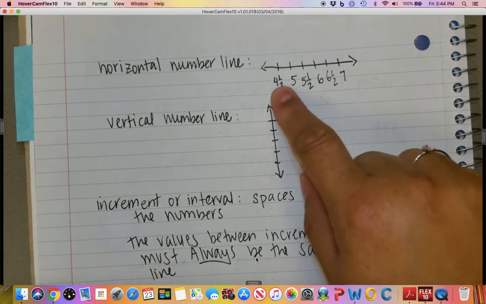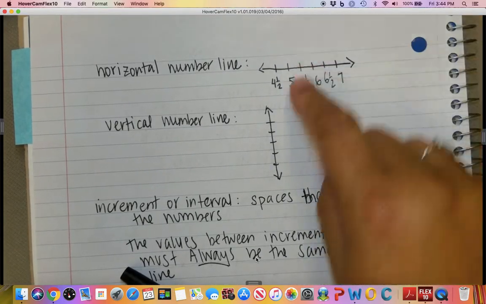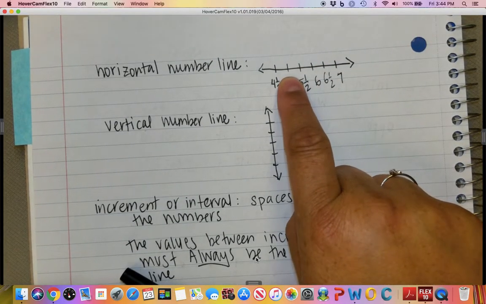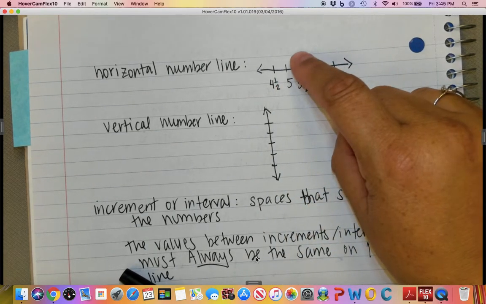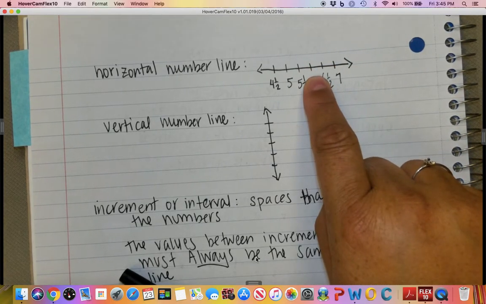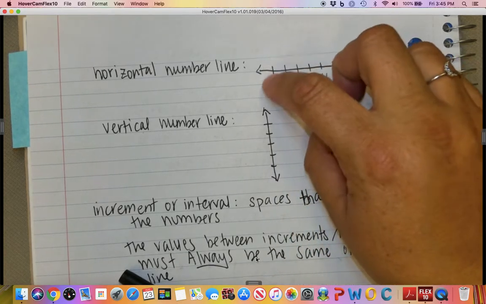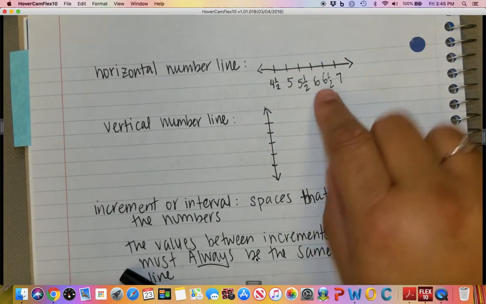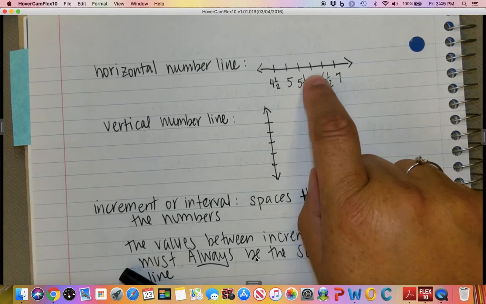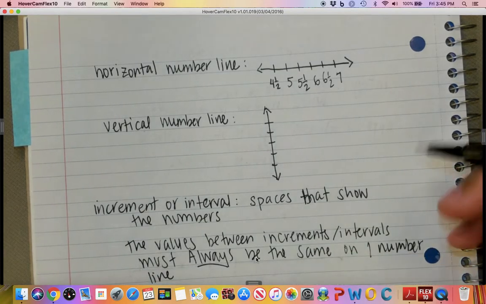I could write 4.5, I could put the line there for 5, but not write the number 5. I could also put the line for 5.5 and 6 and not show 6. I have to have the line there to show that's where the number goes, but I don't always have to write the number there. I hope that makes sense. We're going to do a lot of practice for this.